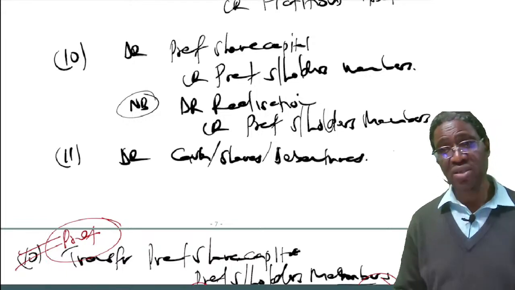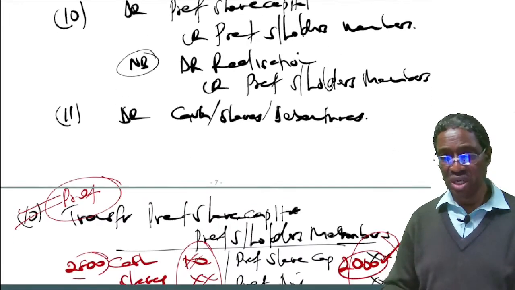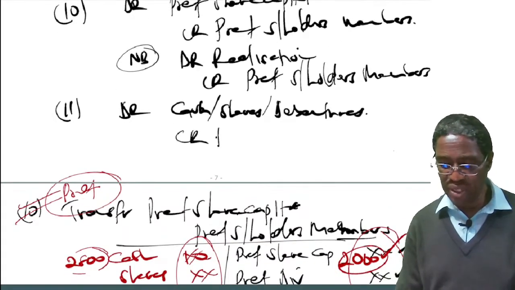Whatever you are receiving, you debit cash, shares, or debentures, and you credit purchasing company.